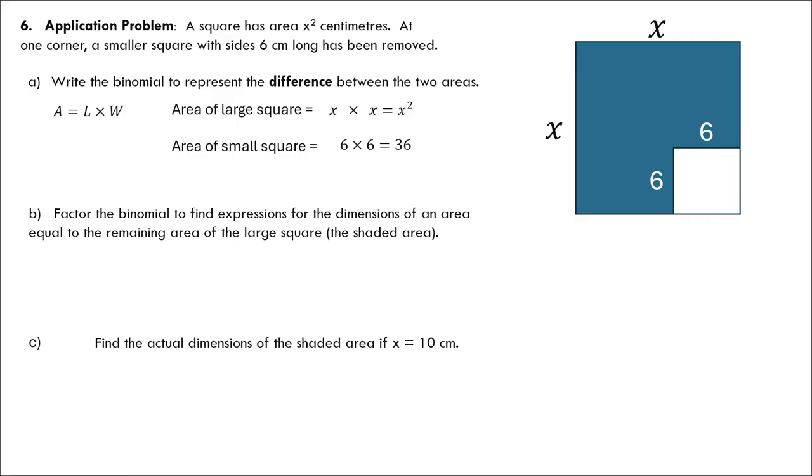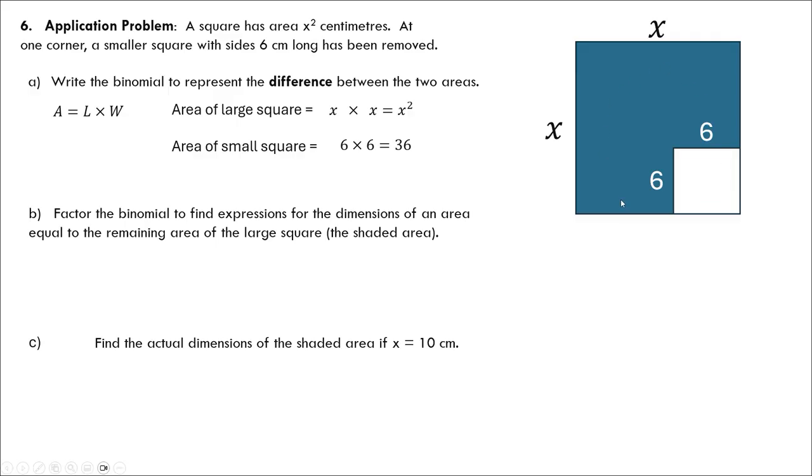Now, we're asked to factor the binomial to find the expression of the dimensions of an area equal to the remaining area of the large square, the shaded area. So what we want to know is, what is the area of the blue part here? Well, the area of the blue part, if the white square wasn't here, would be x times x, or x squared. The area of the white part is 6 times 6.